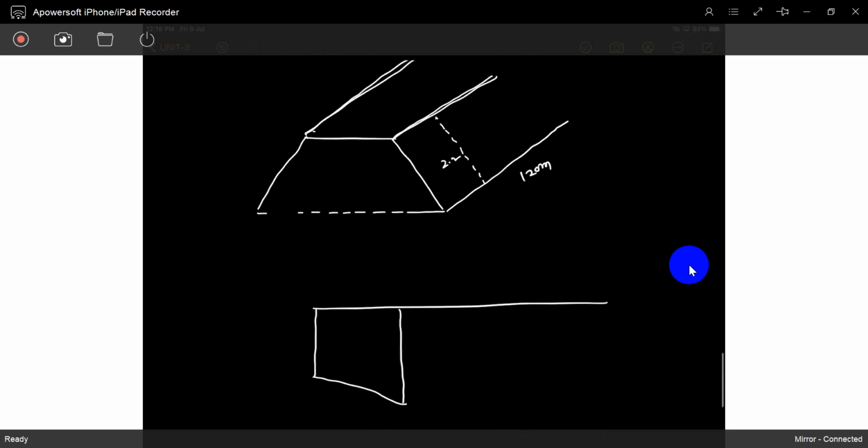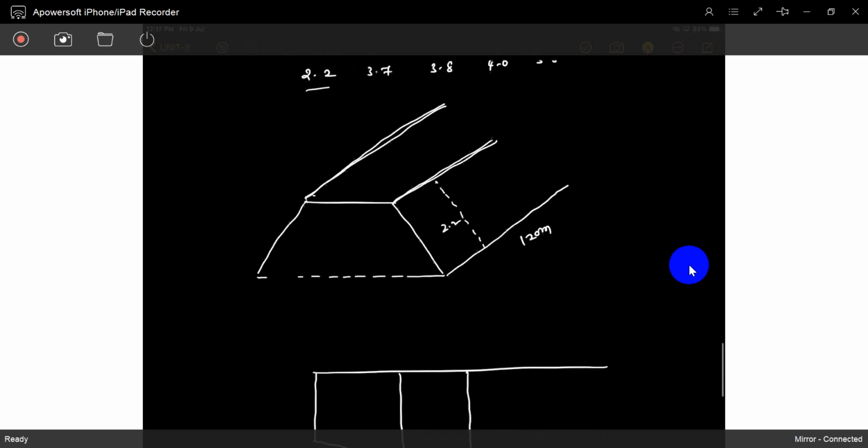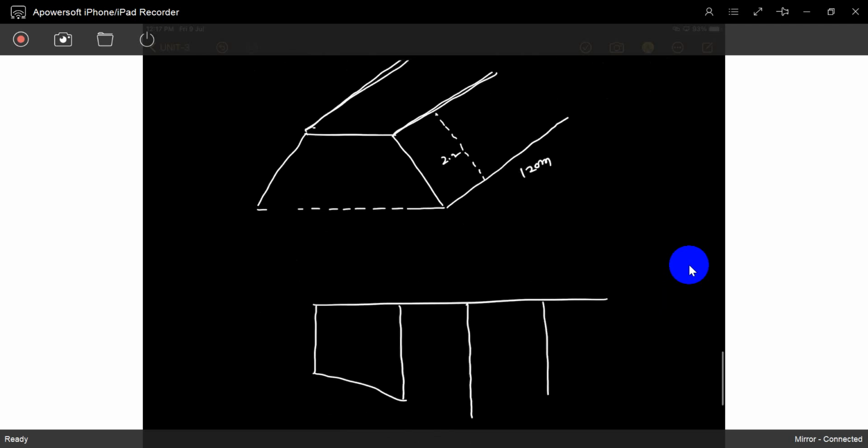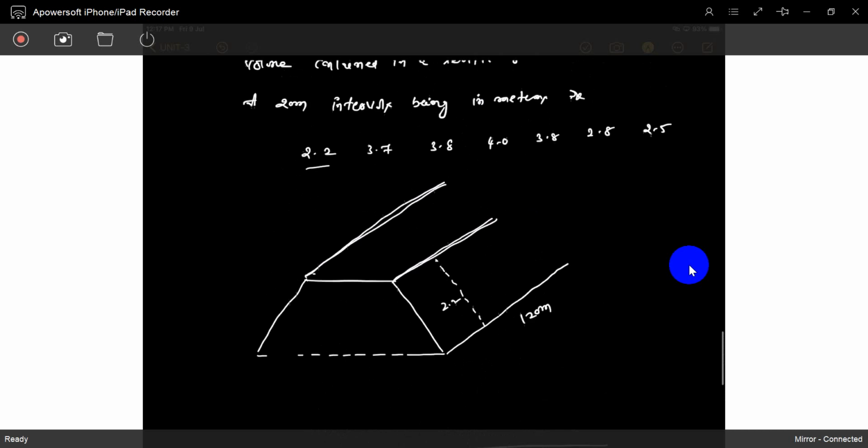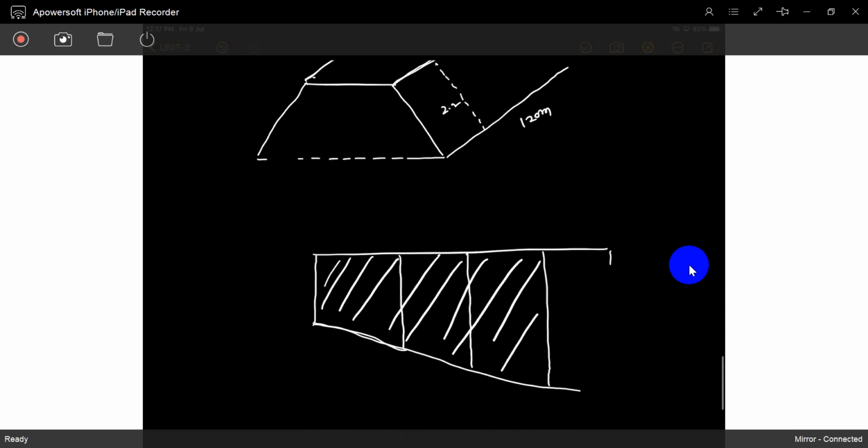Next is 3.8, next is 4. Somewhere you have to fill up. Next is 3.8 once again.